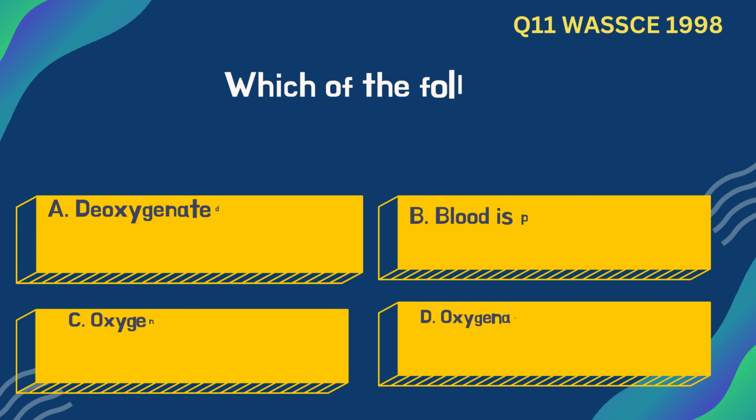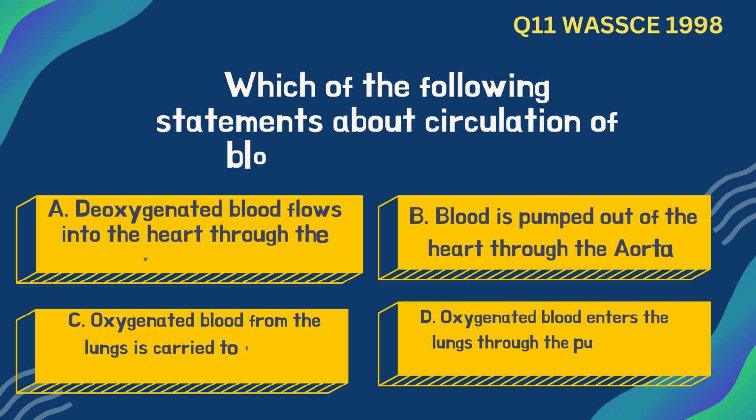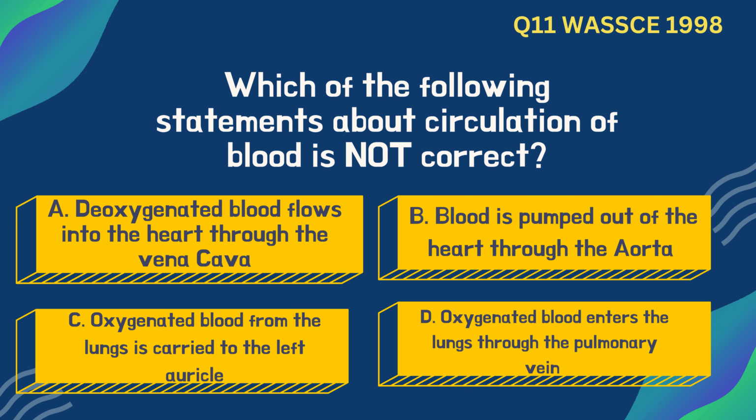Question 11. Which of the following statements about circulation of blood is not correct? A. The oxygenated blood flows into the heart through the vena cava. B. Blood is pumped out of the heart through the aorta.